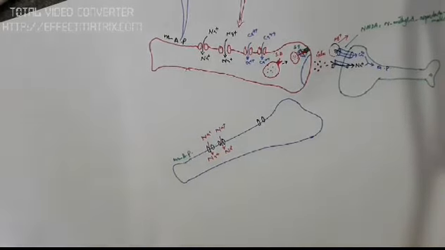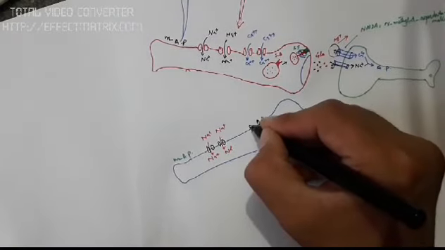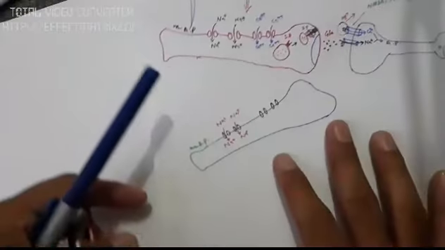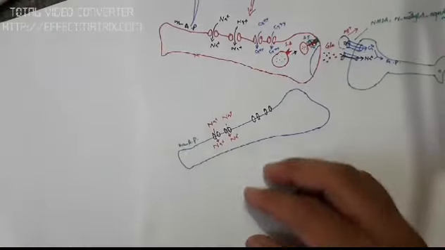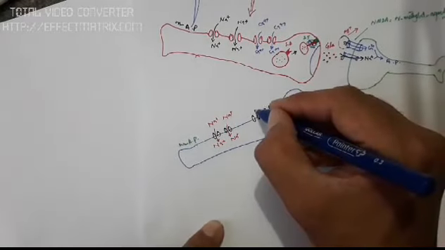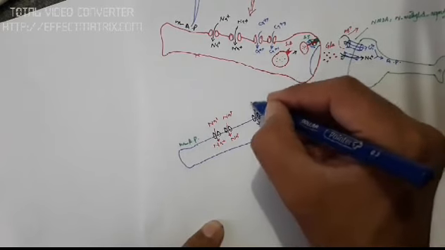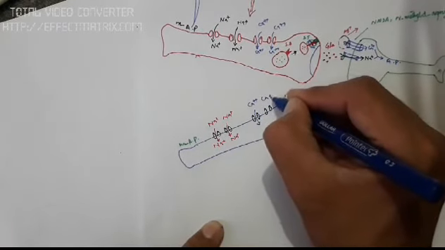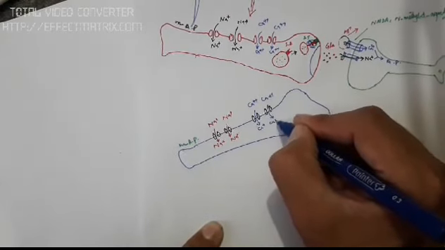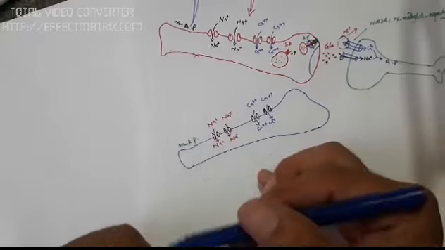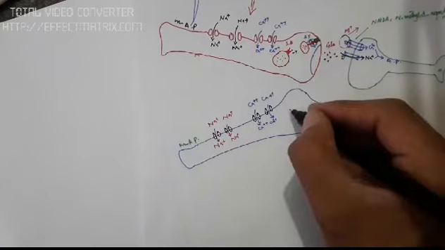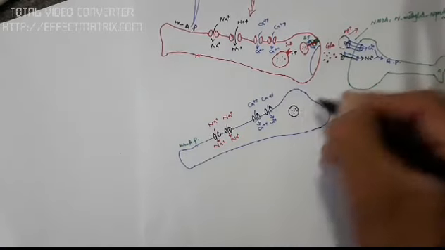When the sodium ion comes in, the positivity inside the neuronal cell will cause the voltage gated calcium channel to open, so the calcium ion will also come in. Again, by the same mechanism, they will release the GABA from their vesicle.